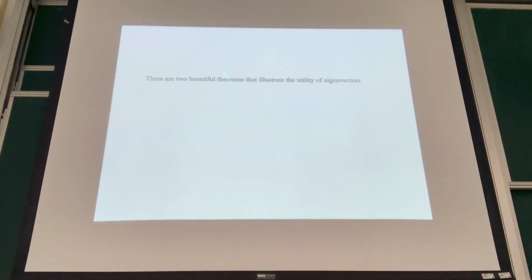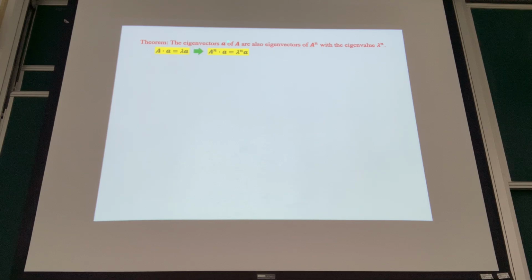Now I'm going to use two powerful and beautiful theorems to illustrate the utility of this whole scheme of eigenvectors. The first, I will show you that eigenvectors of the matrix A are also eigenvectors of A to the nth. A to the nth means the multiplication of n copies of A. I will define this just like an ordinary variable, and call it A to the nth.